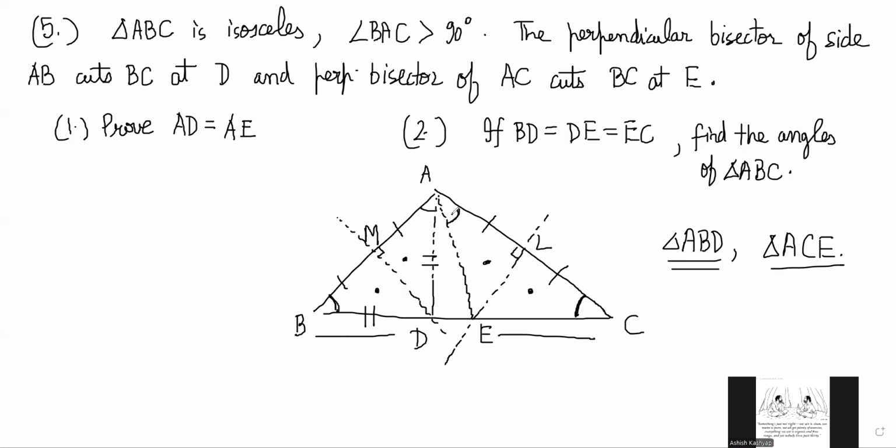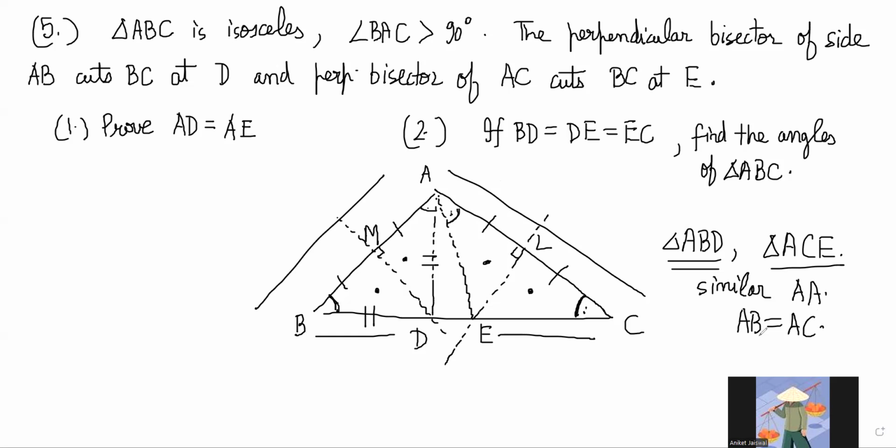Because first of all, they are similar, as two angles are equal, and they are congruent because two sides are also equal. If two triangles are similar and one side is common, then obviously it is going to be congruent.